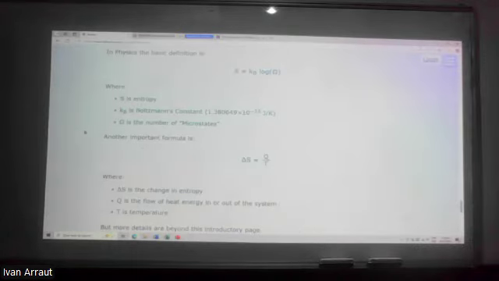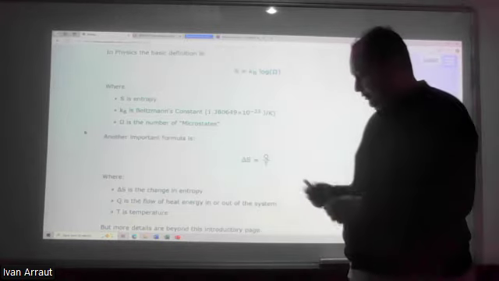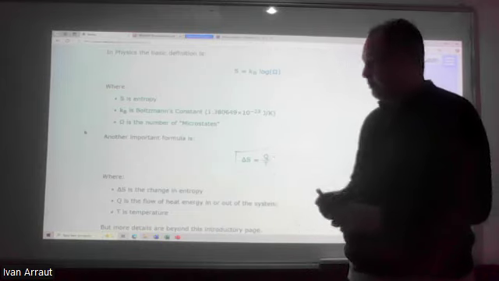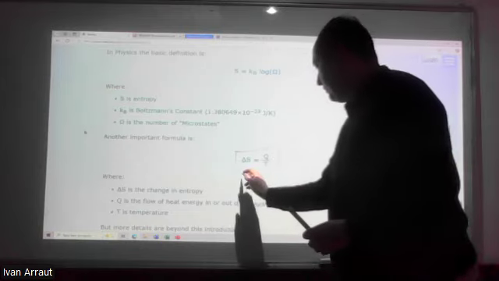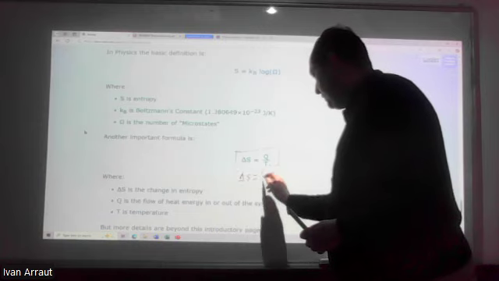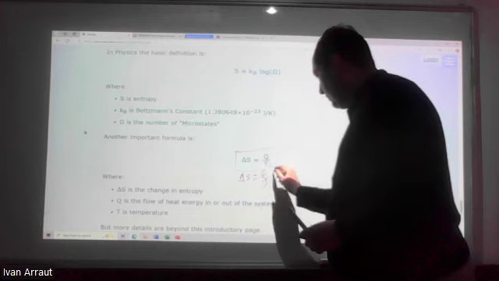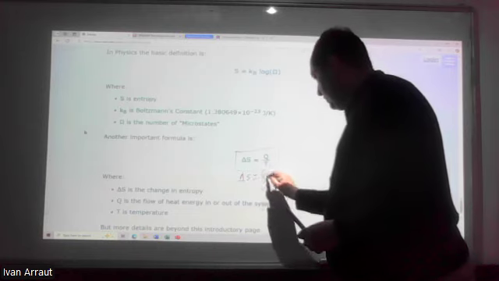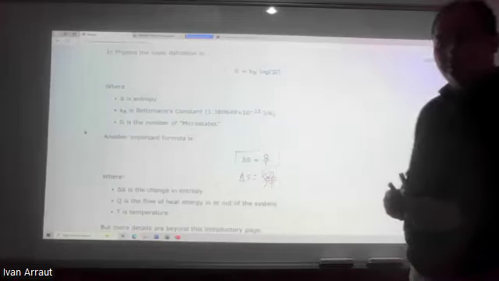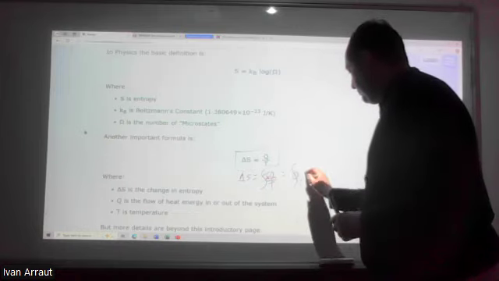Okay, this formula here measures the change of entropy: the heat divided by the temperature. More properly, it's an integral, dq divided by T. If it's a thermodynamic cycle, this is a closed integral.